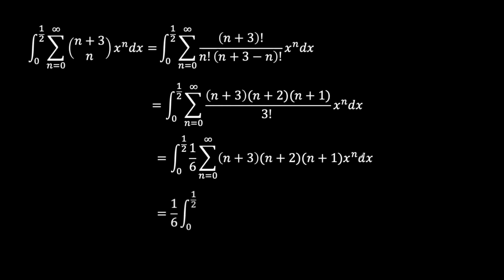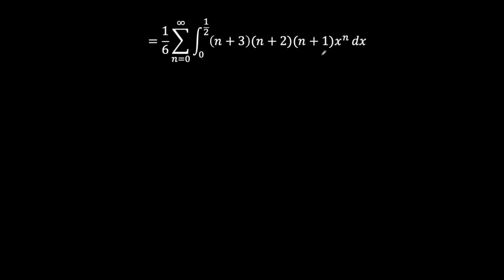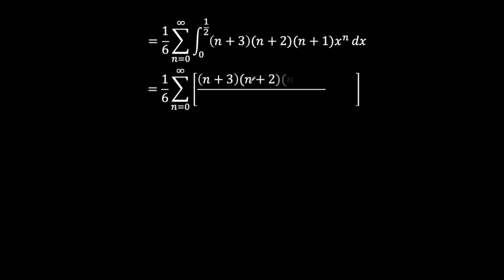And then we can pull out that constant completely. And so we are left with the n's under the summation sign. We can then transport the integration sign into the summation sign. And so focusing on the x to the power n term, when we integrate that, it means that now we have n plus 3 times n plus 2 times n plus 1 over n plus 1, and then x to the power n plus 1, and then we have the limits 0 and a half.